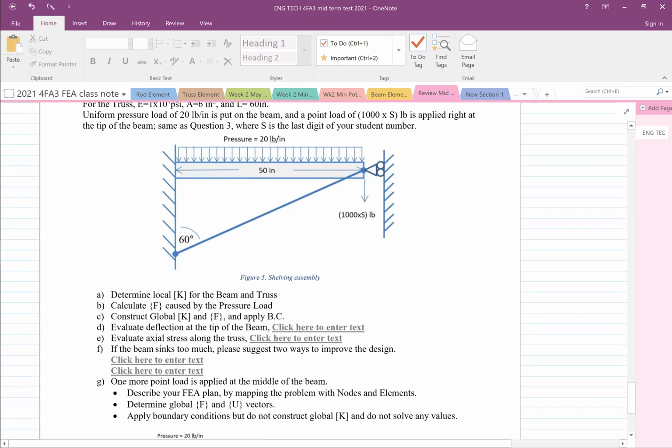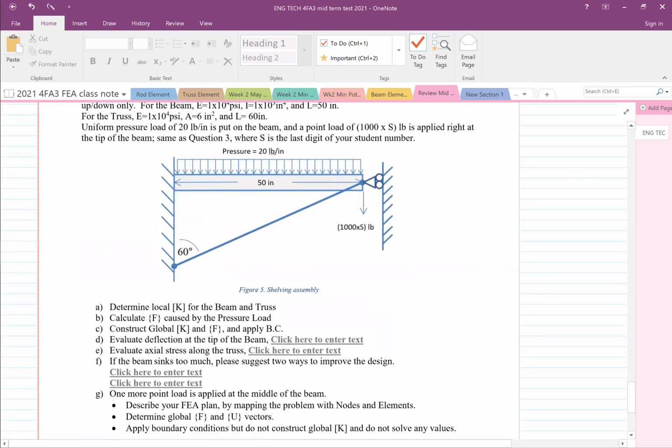Okay, so right here, I did not specify where you put the node, but seriously, it doesn't really matter. I set right here node 1, node 2, and then 3.